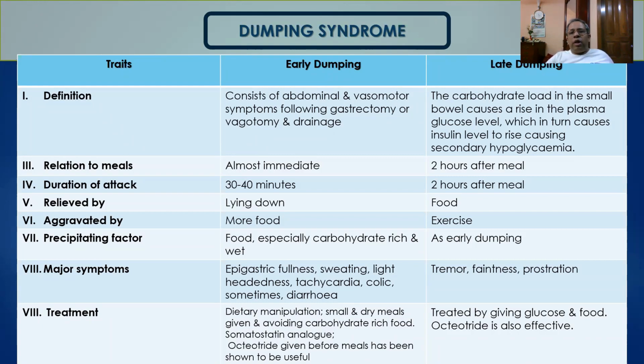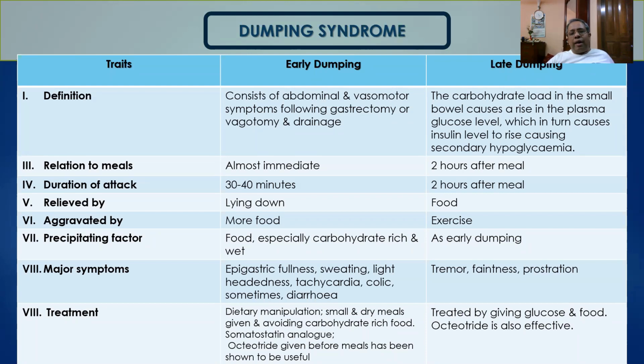It is aggravated by more food and by exercise. Precipitating factors are food, especially carbohydrate-rich and wet food, as in early dumping. Major symptoms are epigastric fullness, sweating, lightheadedness, tachycardia, colic pain, sometimes diarrhea, and tremor, faintness and frustration like hypoglycemic presentations.